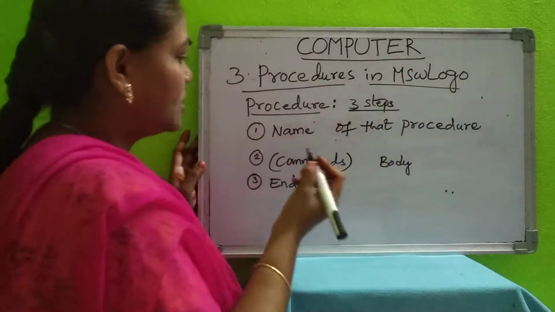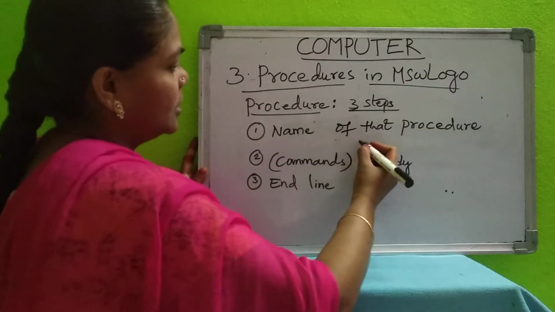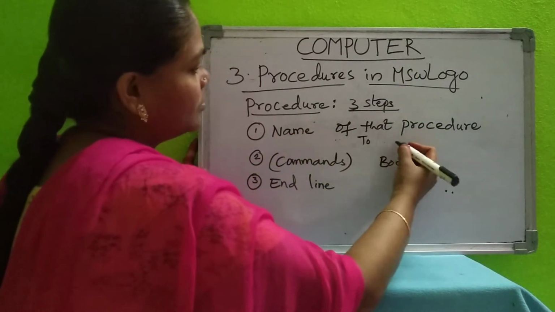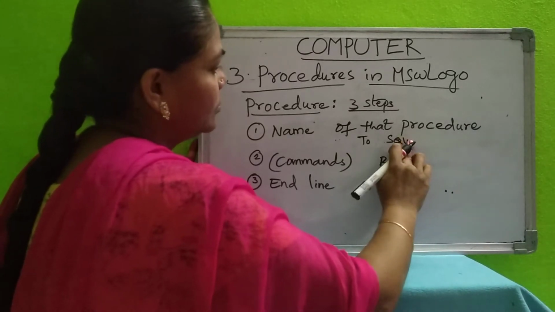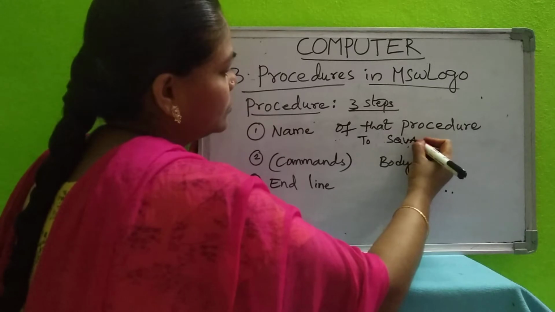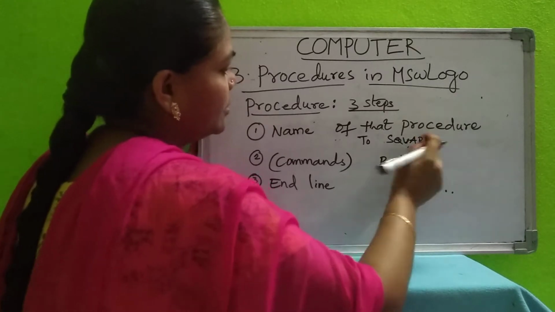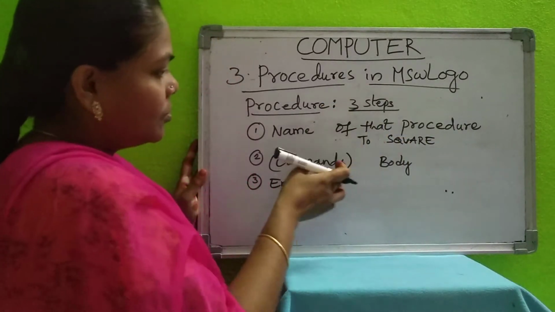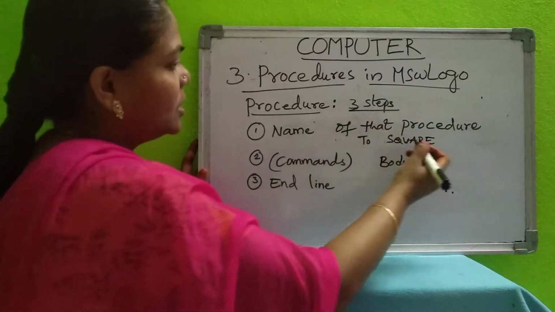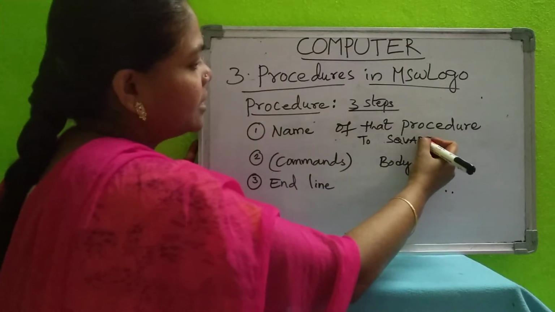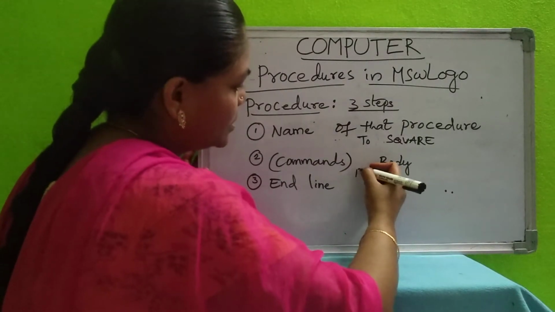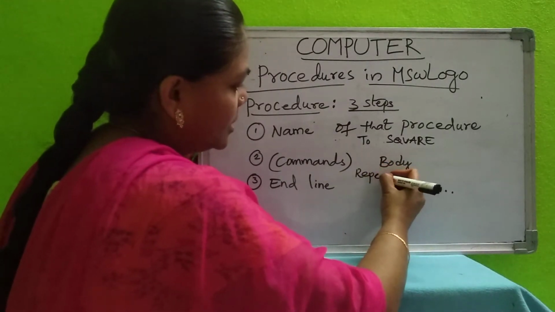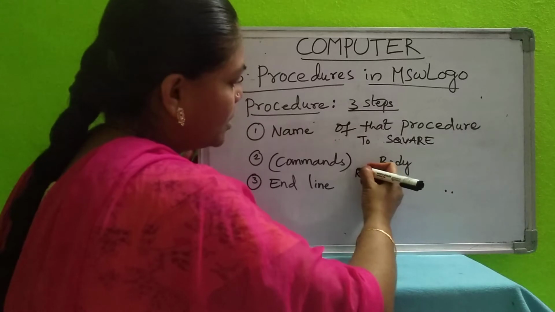So what are the 3 steps? Name of that procedure. Suppose you are drawing a square, you have to write square. Next, the body part. We have to write the command to draw that square. Here we are using the repeat command, so we are not writing all the commands.